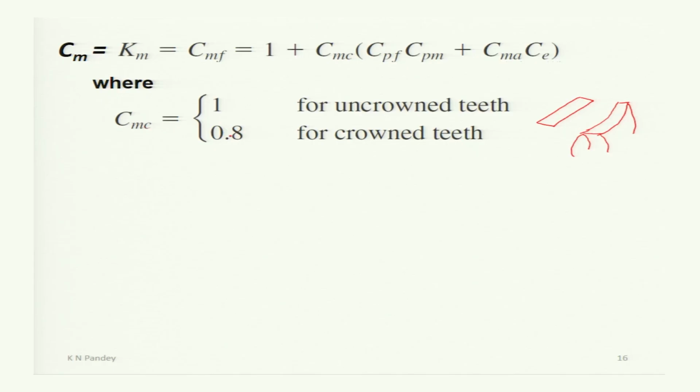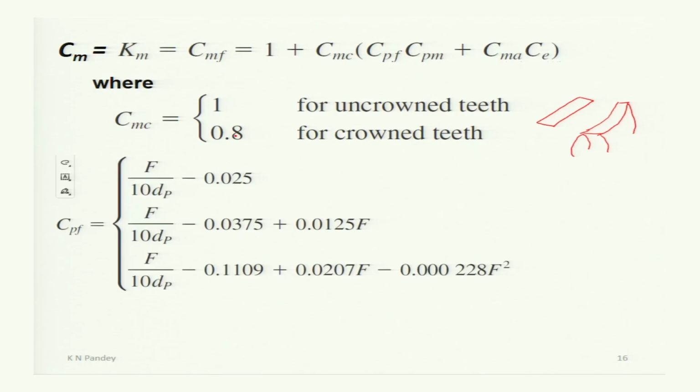For crowning, Cmc is 0.8, and the Cpf is obtained from these three formulas depending on the value of face width f. It means this mounting factor or the load distribution factor depends on the face width, and it also depends on how the teeth are, whether crowned or uncrowned, and some other factors we will see.